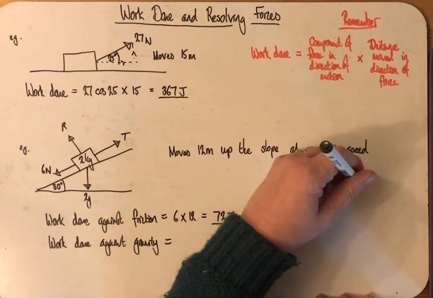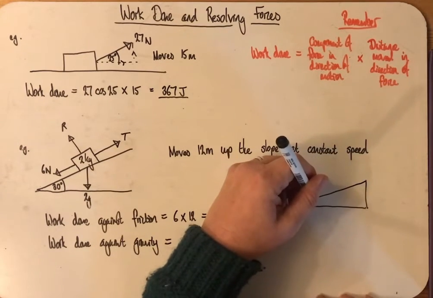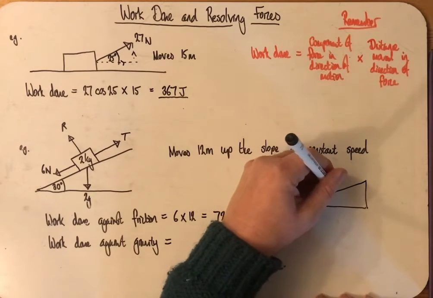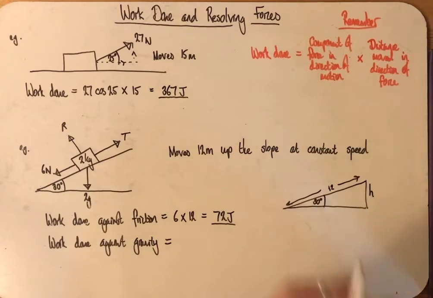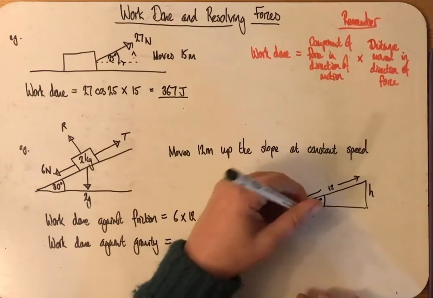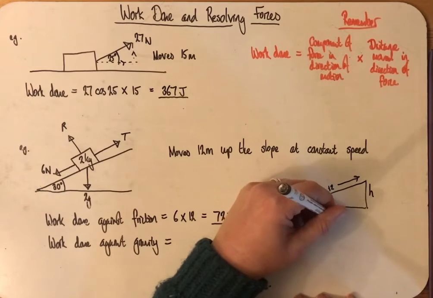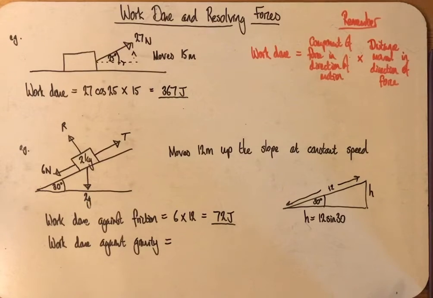So we've got a right angle triangle here, 30 degrees. The distance is 12, and we're interested in h. So h is equal to 12 sine of 30, because we want the opposite side.